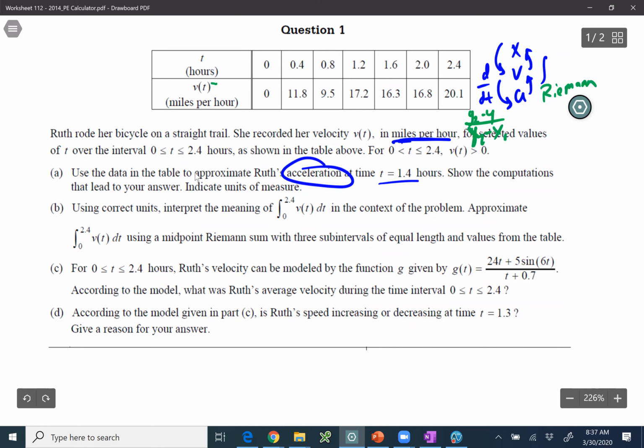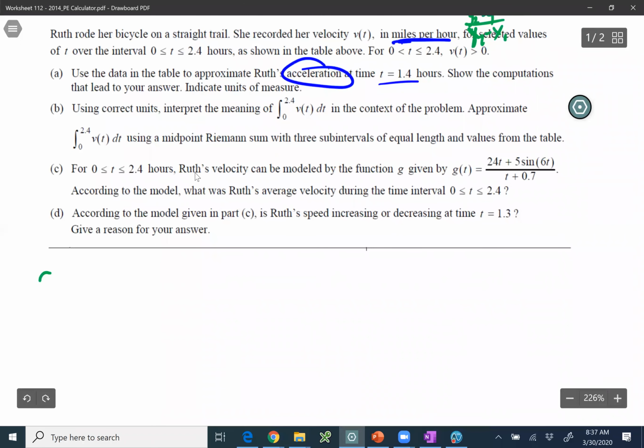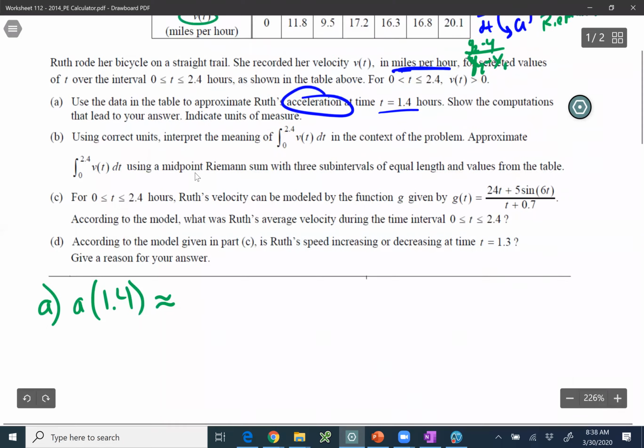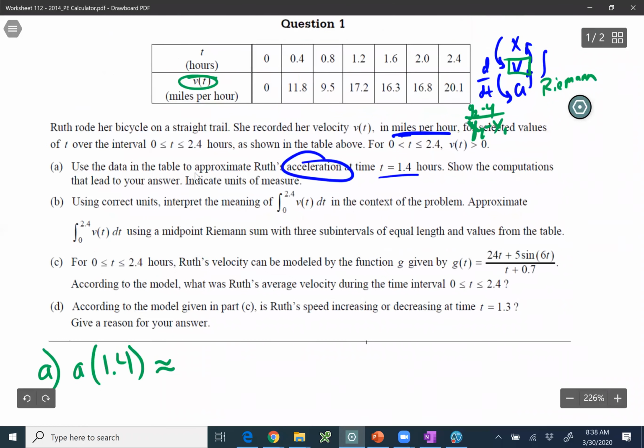So we're at velocity. Going down to acceleration would be y2 minus y1 over x2 minus x1. So A of 1.4 is going to be approximately, between 1.2 and 1.6, 16.3 minus 17.2 over 1.6 minus 1.2.